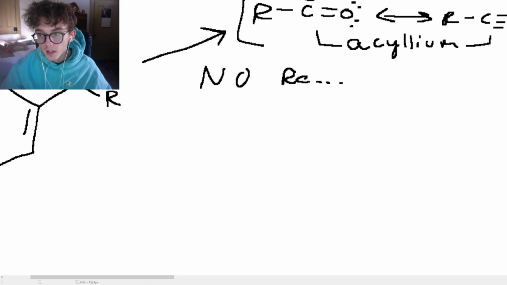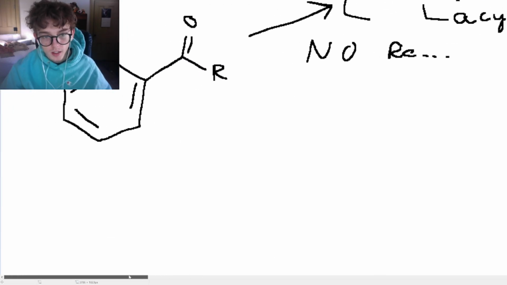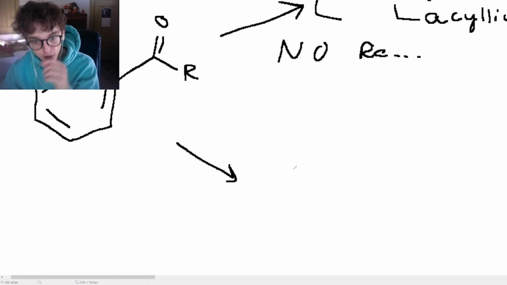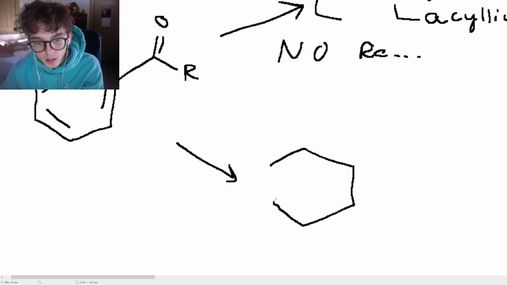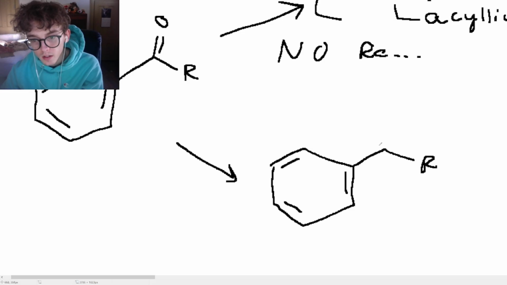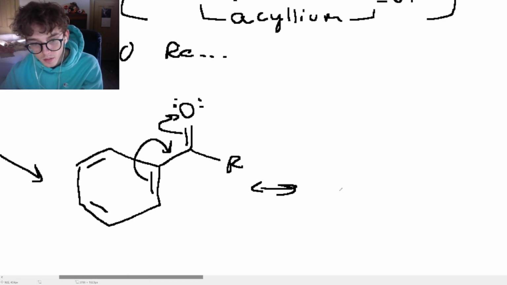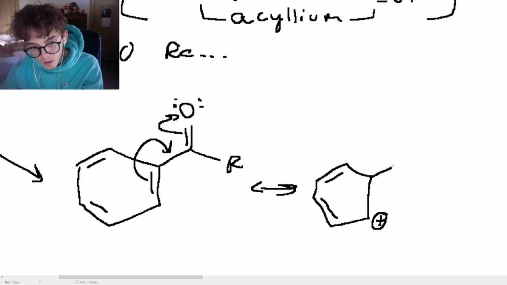Okay. Another thing that's important to point out is we're not going to get any polyalkylation, and that's because this is what we call a deactivating group. And again, we'll get into more detail when we get there, but I just want to point out that if we look at the resonance structures here, we'll see that we can get this one, and this is pulling electron density away from the compound.